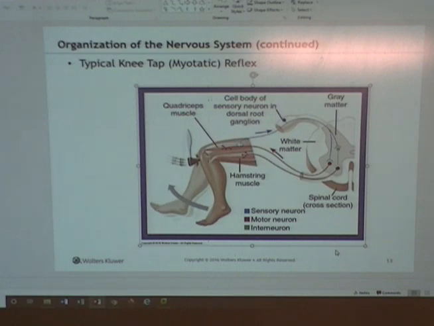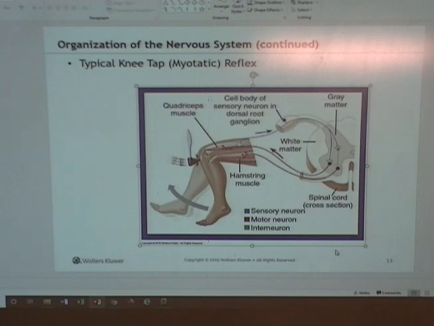If my quad contracts and my foot kicks up, is my hamstring contracting? Wouldn't the answer be yes? I wish it was for you, Kayla, but no. Because if the hamstring's contracting at the same time, then that lower leg isn't going anywhere. So the hamstring has to relax.